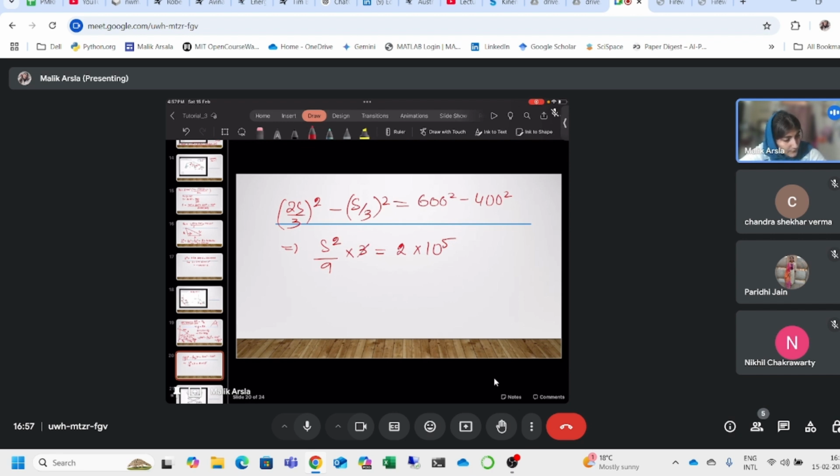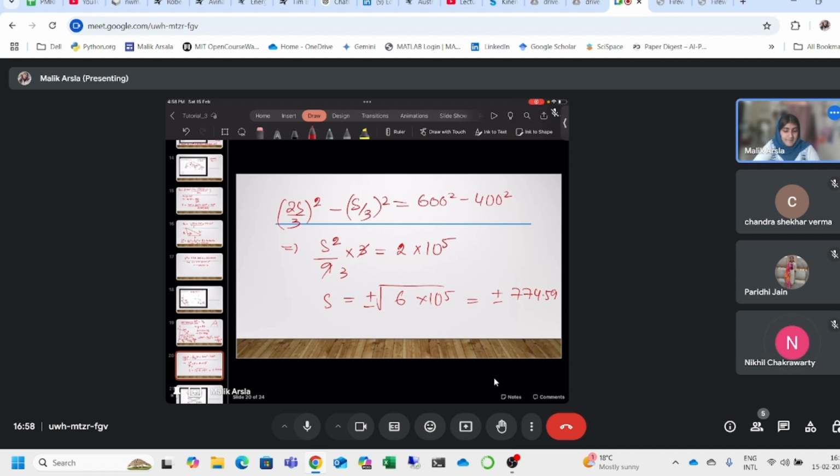It will be 3 into 3, so s is equal to under root of 6 into 10 to the power 5. So this is coming out to be plus minus 774.59, right? Is it coming out to be the same?